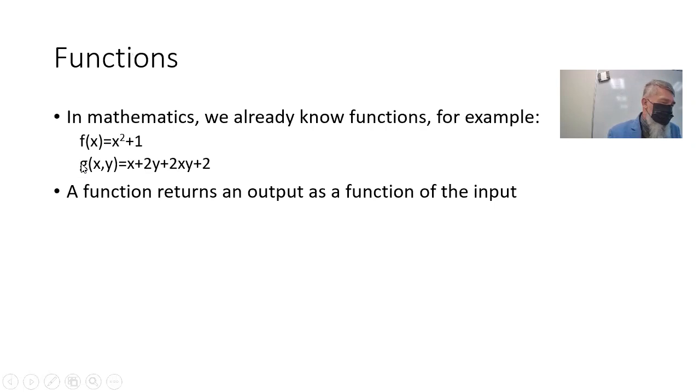Now, for function g, you could add two parameters, x and y. Let's say you put in the parameters 10 and 5. Then what would happen is 10 plus 2 times 5 times 10, so 10 plus 10 plus 100 plus 2.